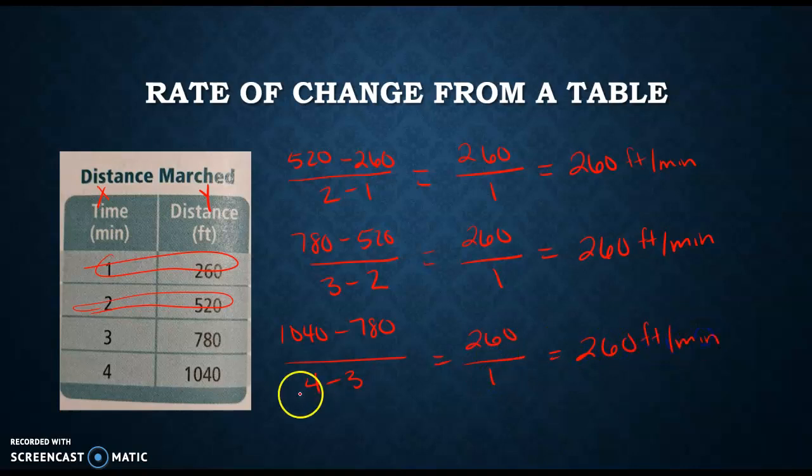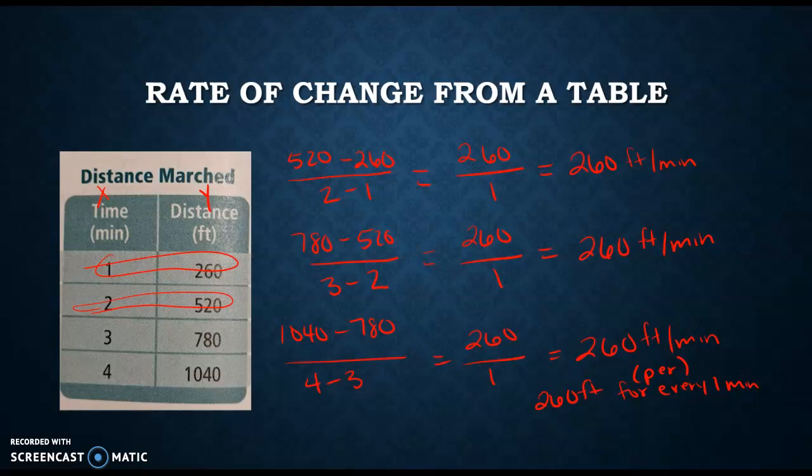What this tells me when they all end up that way is that it is a true linear function, and that the rate of change is 260 feet for every 1 minute. Or as we say, instead of for every, per minute.